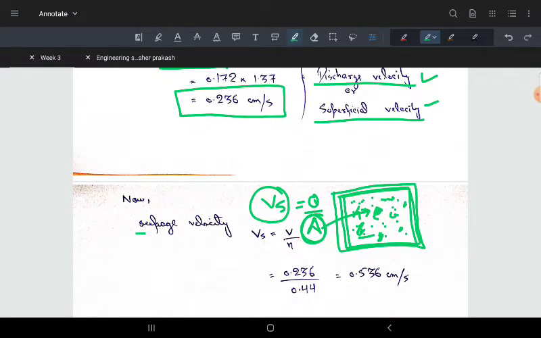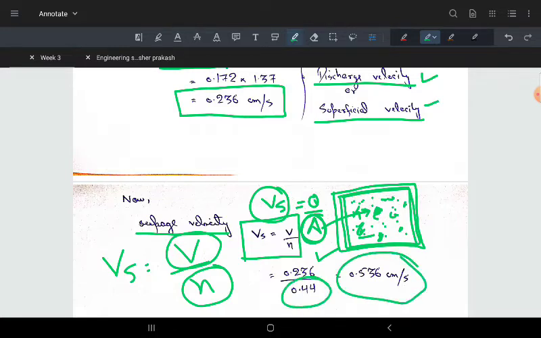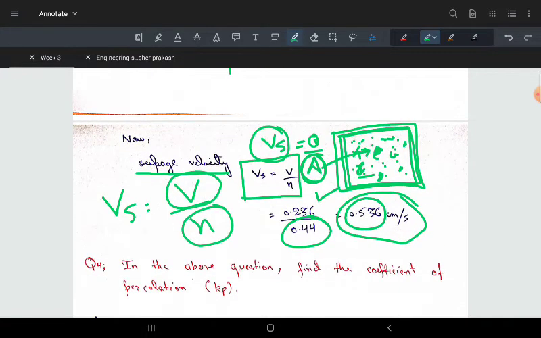In the question, we can calculate the seepage velocity by Vs is equal to V by n, where V is the superficial velocity and n is the porosity. We have calculated V, and porosity is given as 0.44. It comes out to 0.536 centimeter per second. You can see V is 0.236 and Vs is 0.536, which means it's higher.